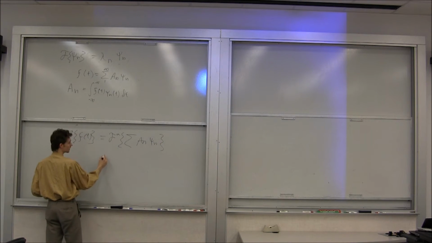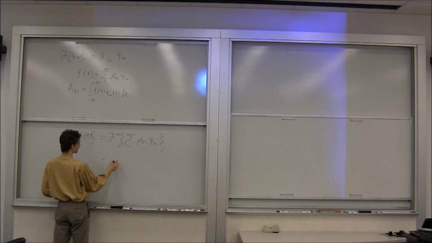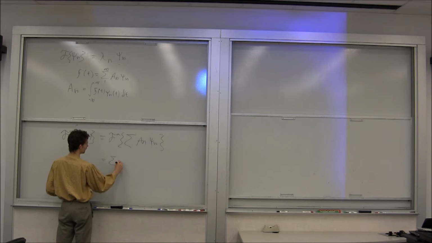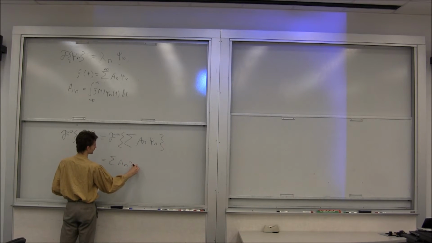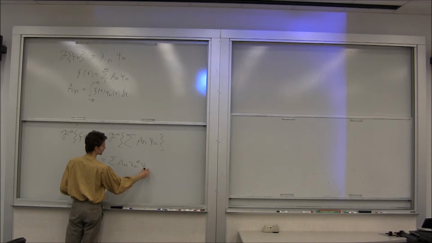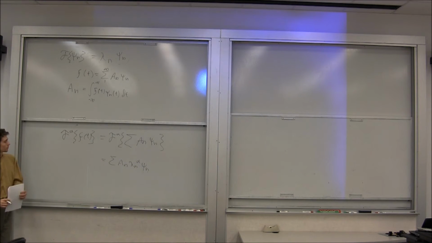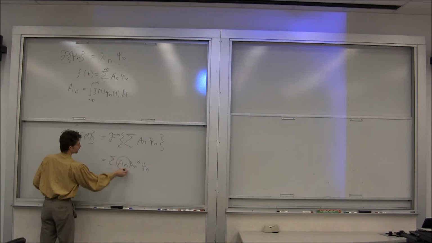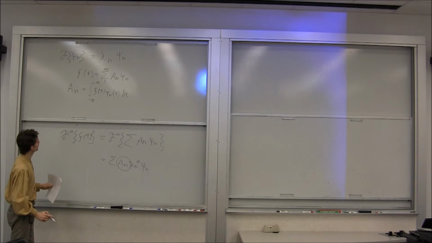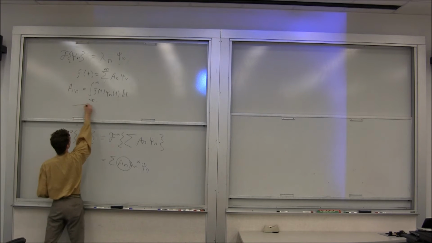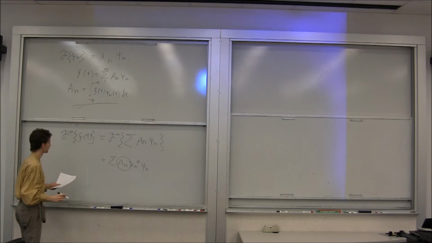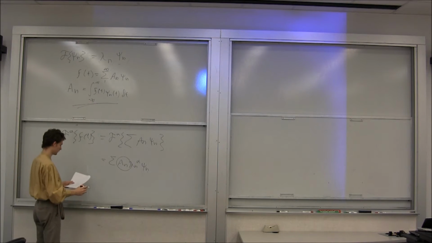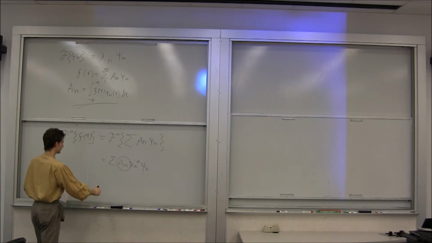And by linearity, that just equals the sum of a sub n lambda sub n to the alpha psi sub n. Now we can replace a sub n with this thing here.